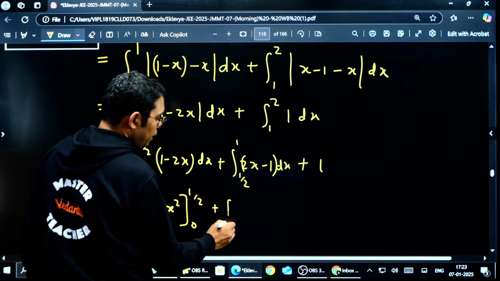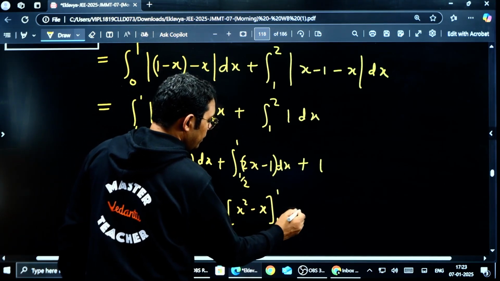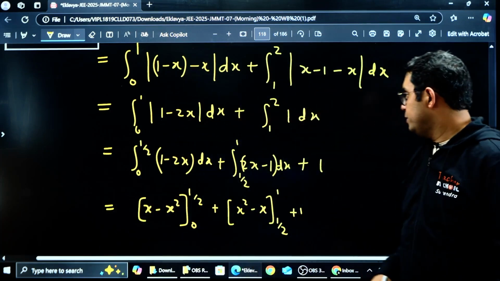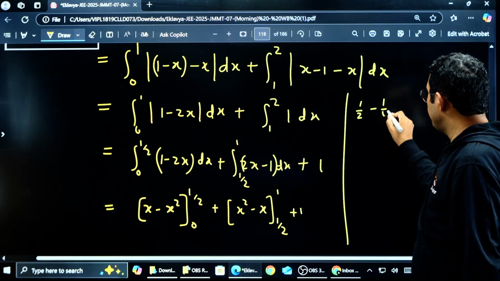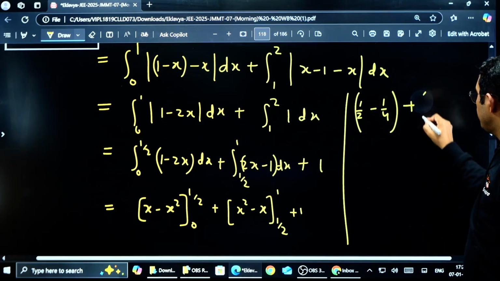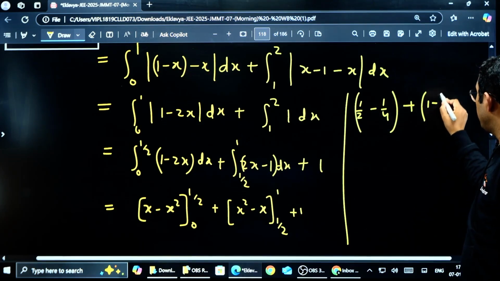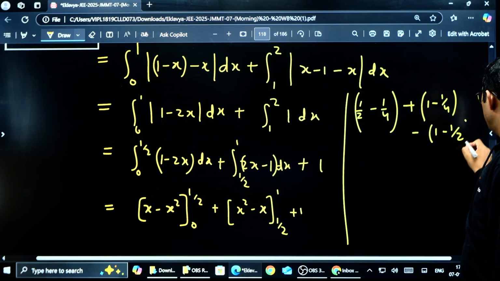For the next, x square minus x, limit is from half to 1, plus 1. So from this, for the first bracket it is 1 by 2 minus 1 by 4, and for the other bracket, for x square alone it will be 1 minus 1 upon 4, and for x it will be 1 minus 1 by 2, plus 1.